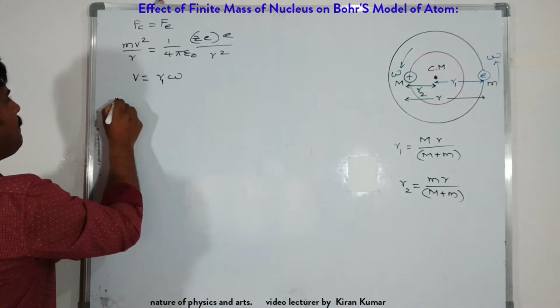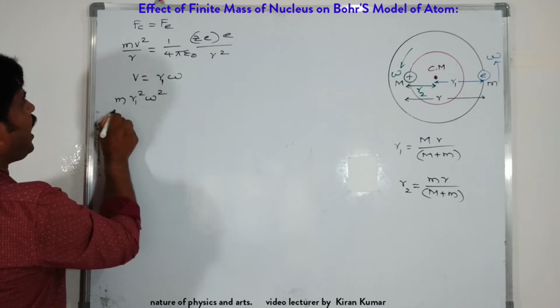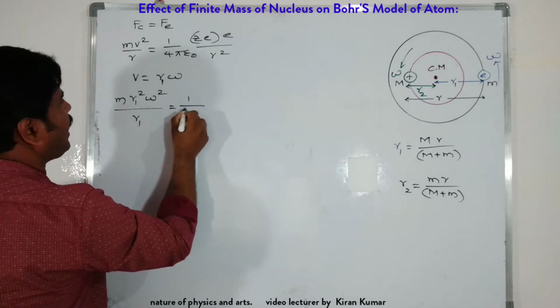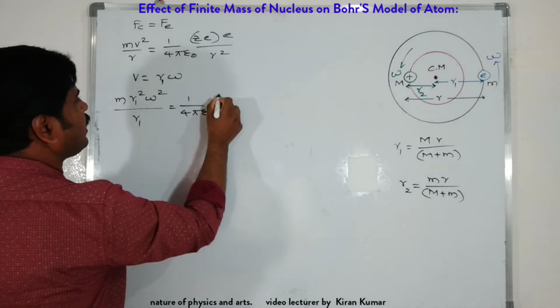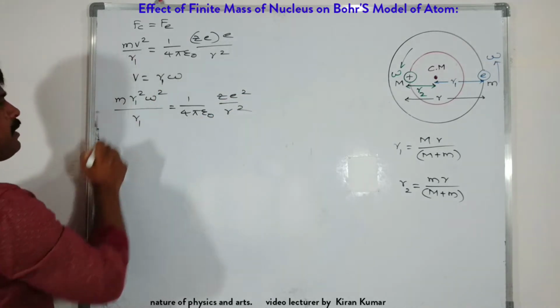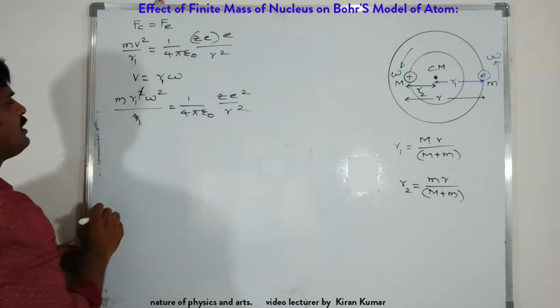So m into r1 square omega square divided by r1 is equal to 1 by 4 pi epsilon naught Z e square divided by r square. Here also we can take r1, so this and this get cancelled.